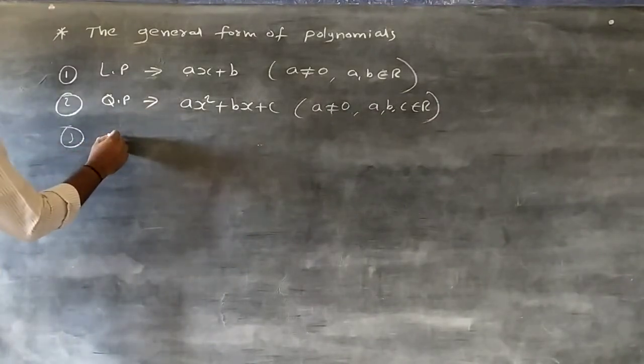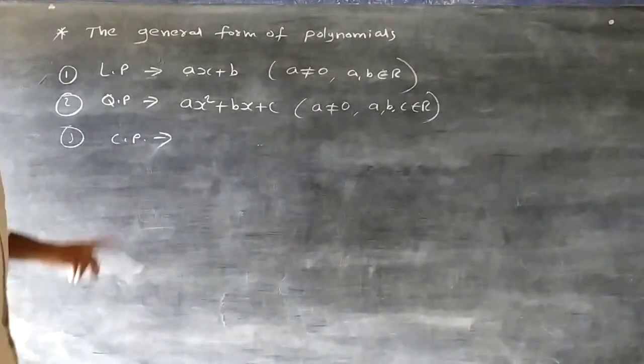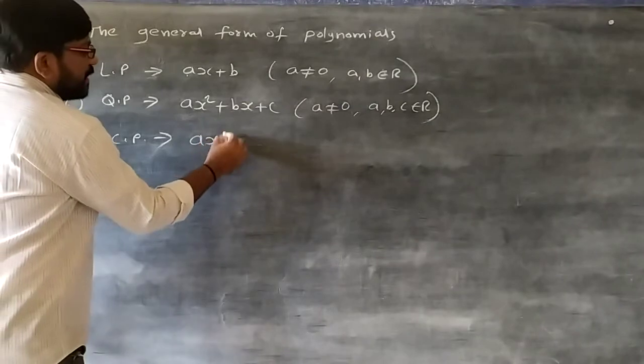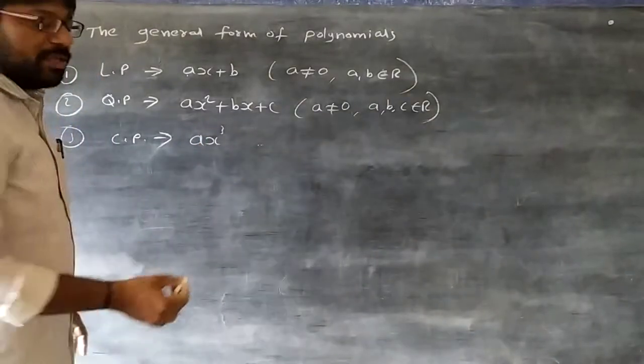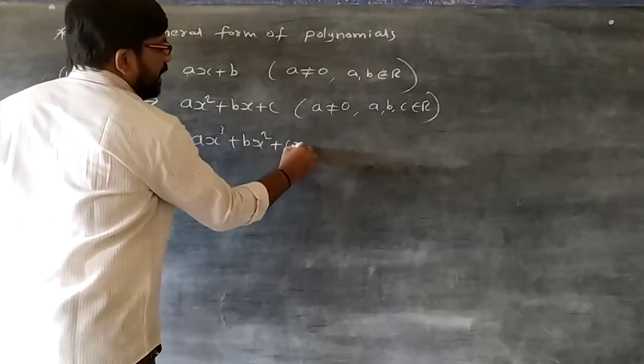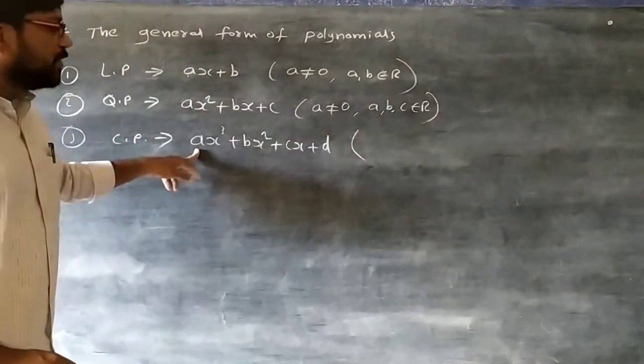Next, cubic polynomial. What is the general form of cubic polynomial? CP, cubic polynomial. ax cube, its degree is 3. ax cube plus bx square plus cx plus d. Here a does not equal 0.